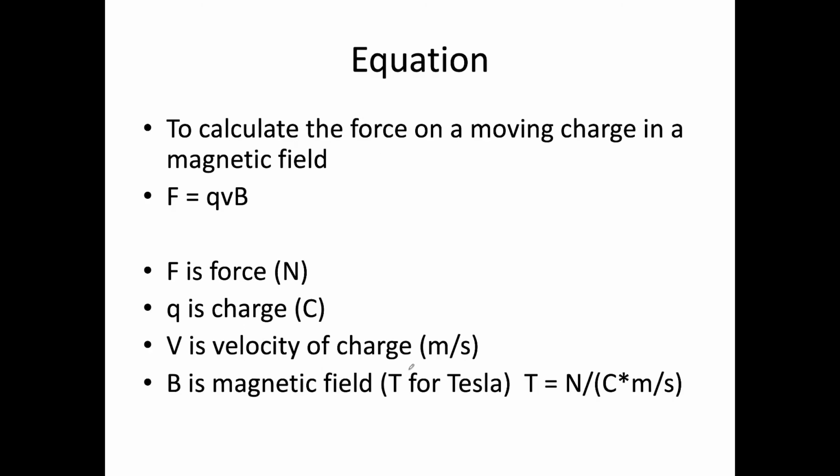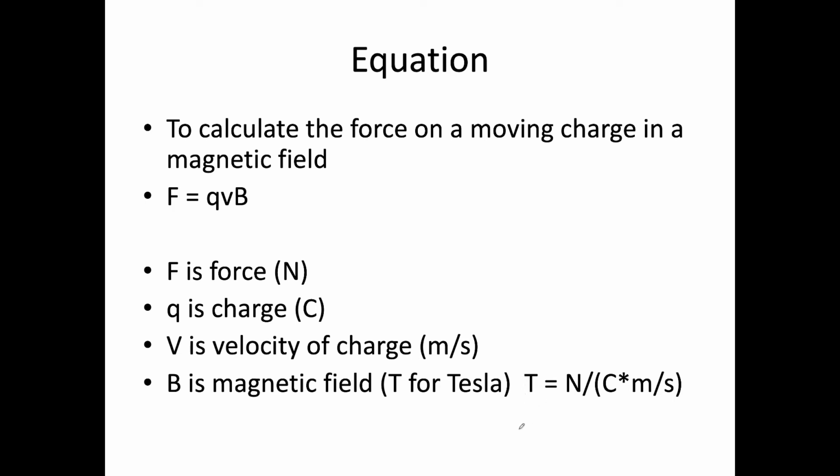And the equation we use to figure out the force acting on that particle is F = QVB, where Q is charge, V is velocity, and B is the magnetic field. And there are all the units. Make sure the velocity is in meters per second, charge is in coulombs, and the force is in newtons.